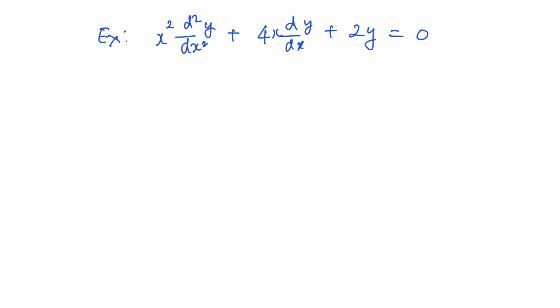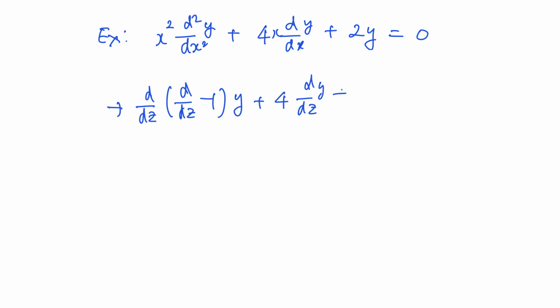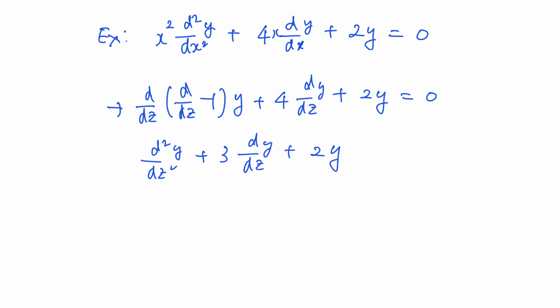So we transform this into the following, right? d/dz (d/dz minus 1) y plus 4 dy/dz plus 2y is equal to 0. d squared y over dz squared plus 3 dy/dz plus 2y is equal to 0.